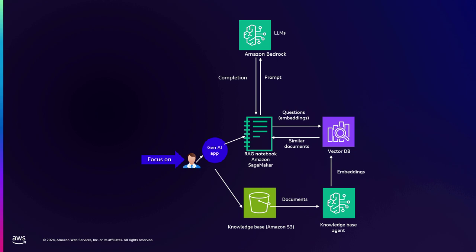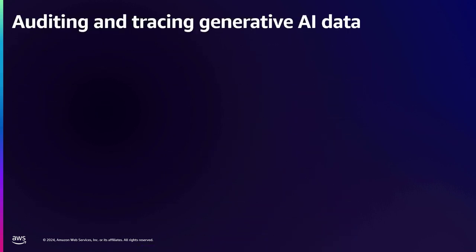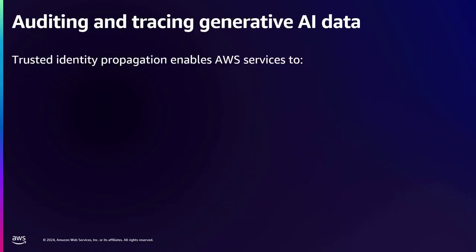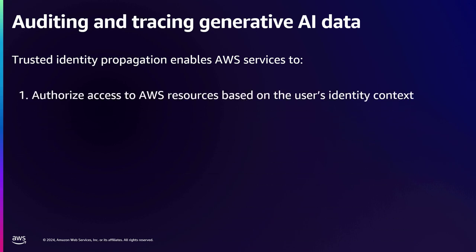However, with a new feature we call trusted identity propagation, what it does is provide access to AWS resources based off the user's identity context. Who is that user? What's the user's ID? What's the username? That is what we are going to provide access to AWS resources on.